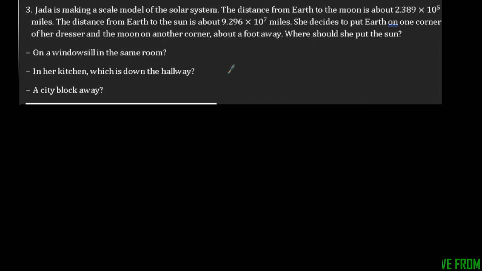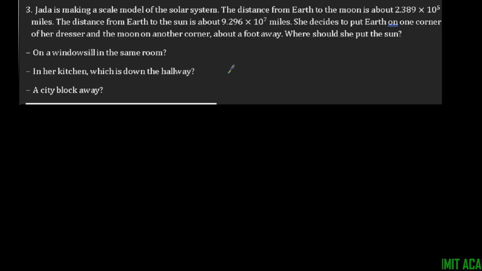All right, moving on to number 3, it says Jada is making a scale model of the solar system. The distance from the Earth to the Moon is about 2.389 times 10 to the 5th power miles. The distance from the Earth to the Sun is 9.296 times 10 to the exponent 7 miles.